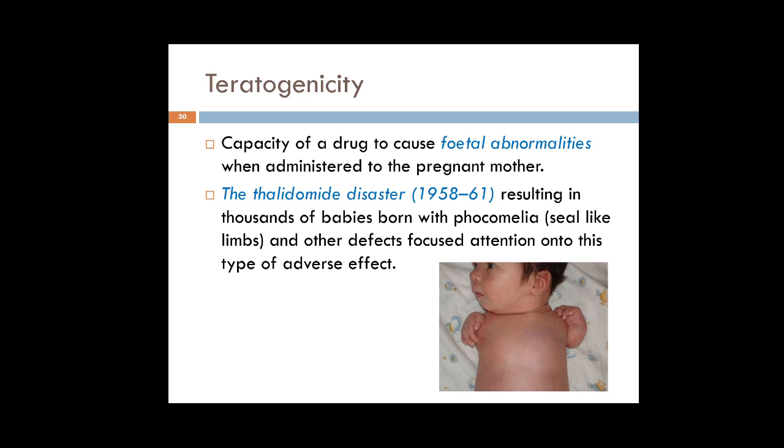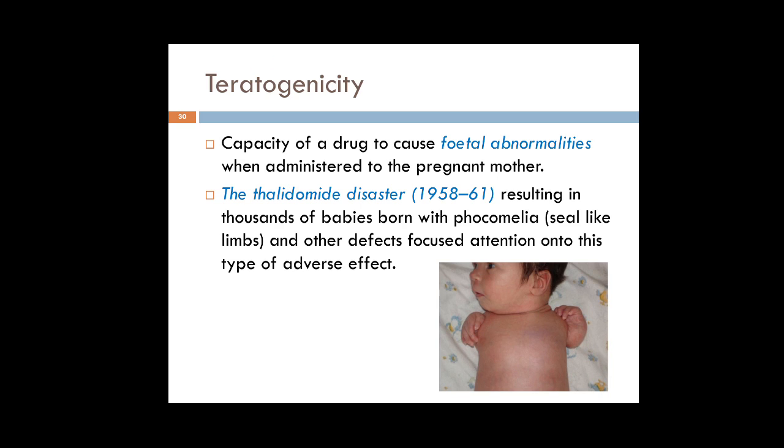In this disaster, thousands of babies suffered with the disease called phocomelia. In the picture you can see the baby has seal-like limbs, short limbs, or some babies were delivered with no limbs at all.